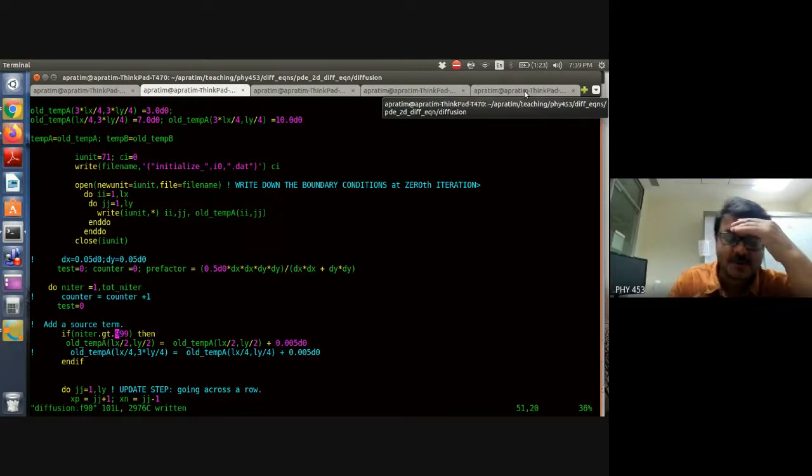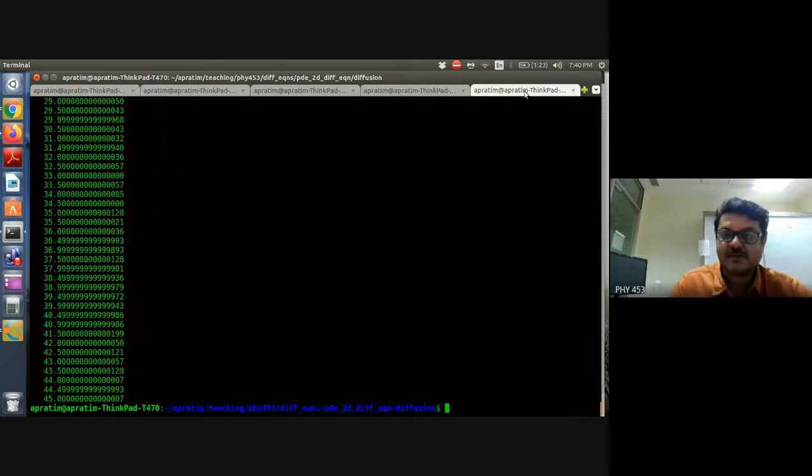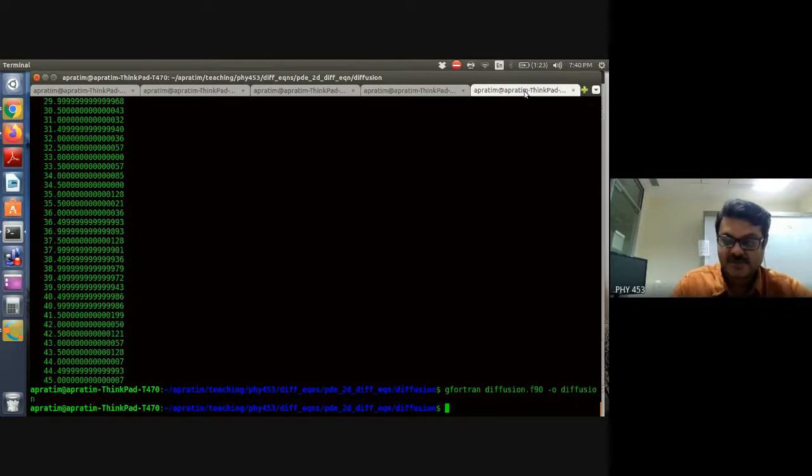So now you have four droplets, and you're adding liquid at a certain point in time. There's a source term, so the total amount of liquid diffusing out is not conserved. Moreover, you have added a time dependence even to the source. So only after 1,000 iterations have you started adding liquid. So slowly, gradually increasing the complexity.